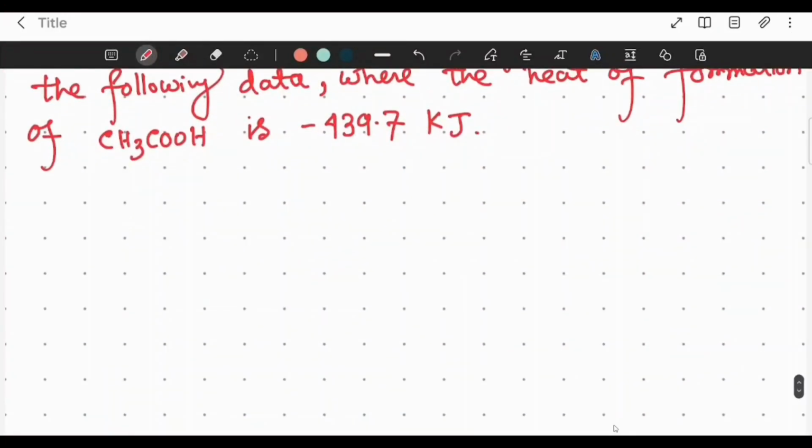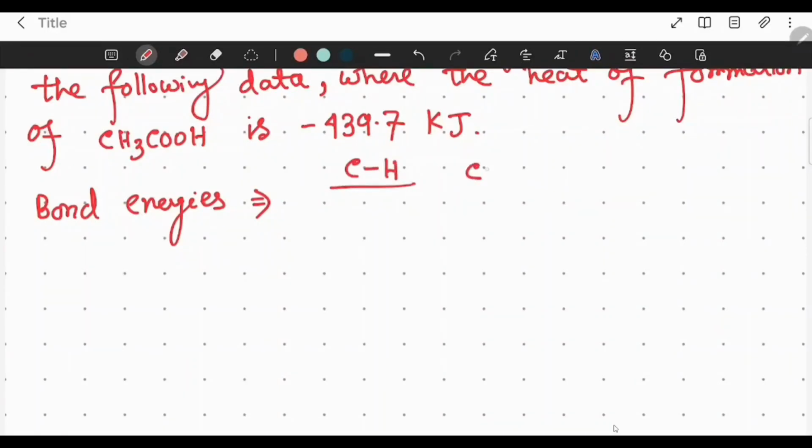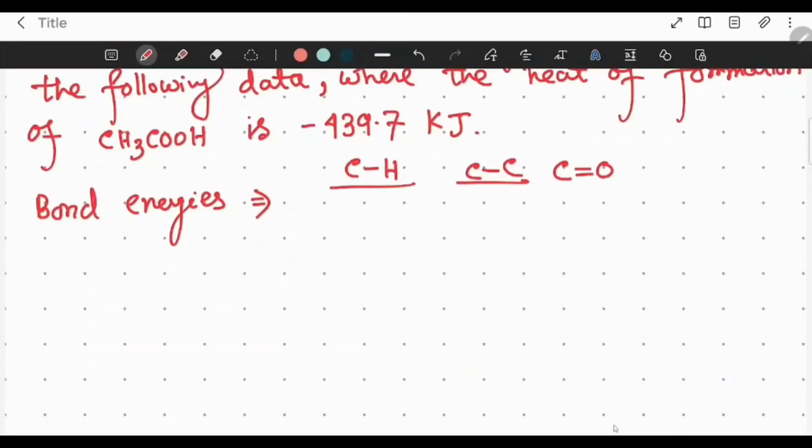And what are the data? Bond energies are given for CH bond, CC bond, CO bond, C double bond O, and OH bond.